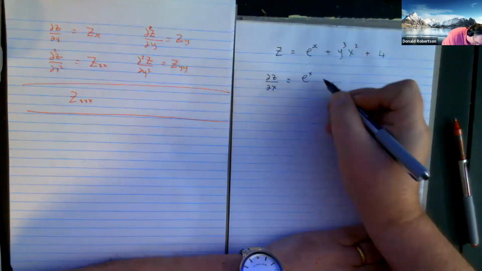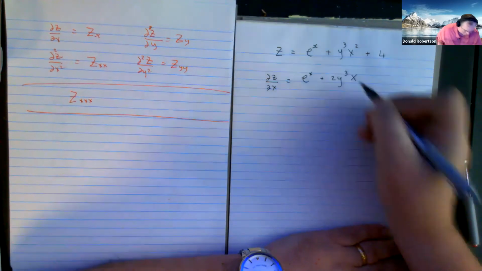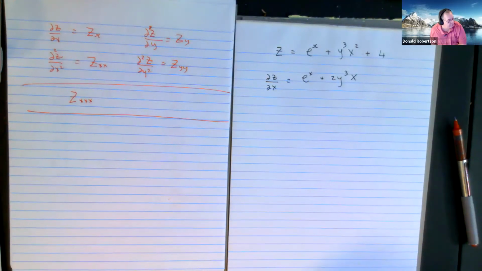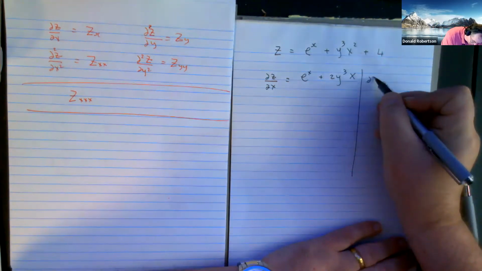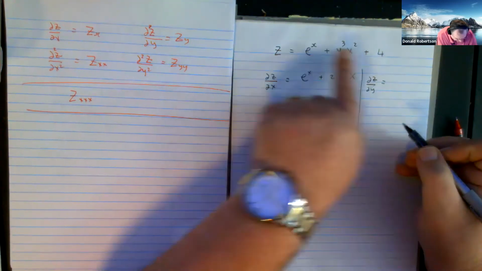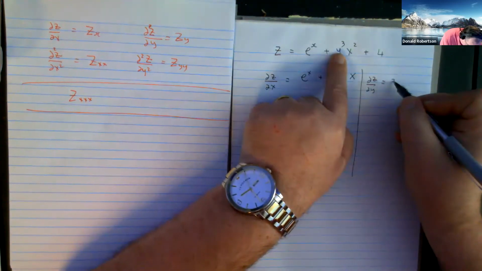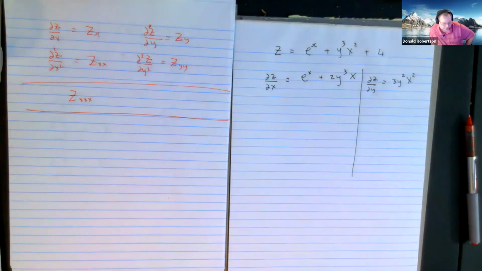So again, e to the x plus a 2y cubed x. Nothing weird at all about that. And I'm going to also do it with respect to y. And that gets me nothing, and that gets me nothing, but this guy here gets me 3y squared x squared. So far, so good.